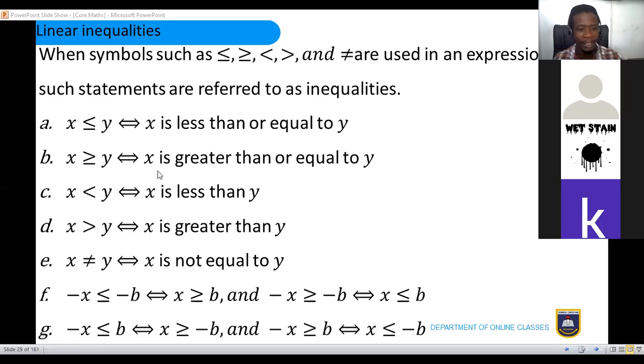So what I'm saying is, when we have x less than y, for instance, when y is equal to 2 and x is less than y, that means any number that is less than y satisfies to be x. So when we have 2 for y, 1 is less than y, 0 is less than y, -1 is less than y. They are all numbers which are less than 2.